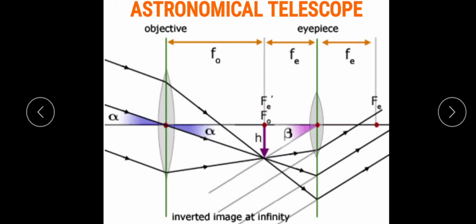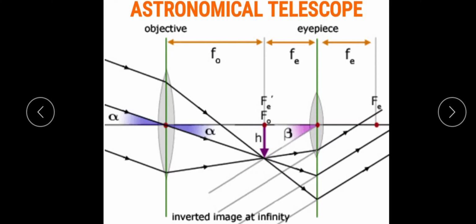An astronomical telescope is a telescope used to observe heavenly objects like the moon, distant stars and planets. So if you want to study or observe these types of heavenly bodies, we use one type of telescope, which we call an astronomical telescope.